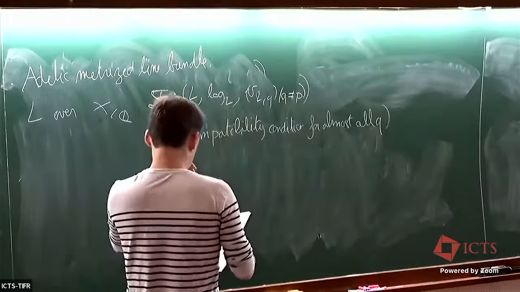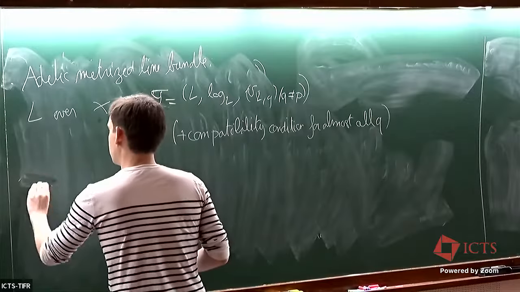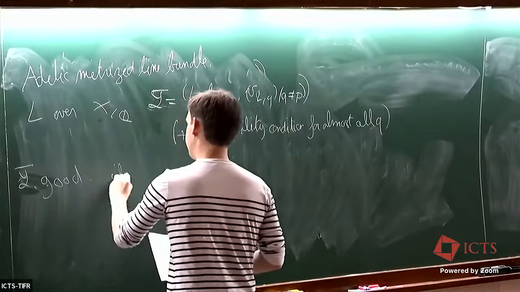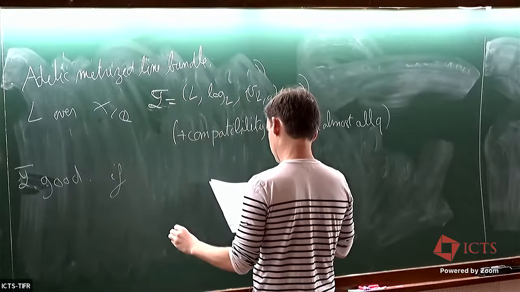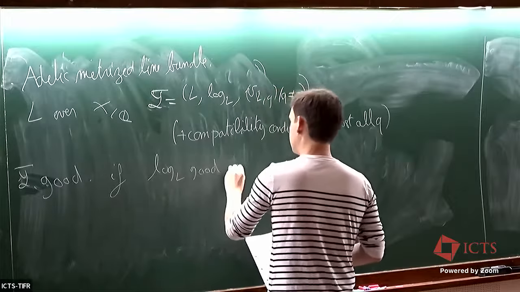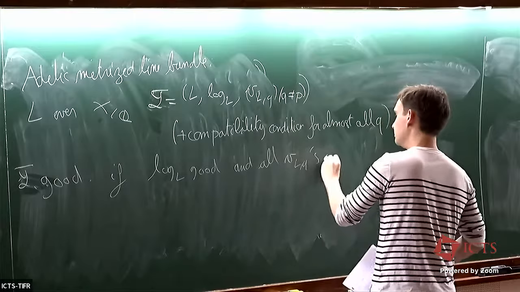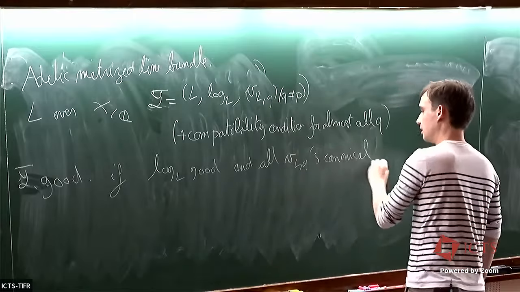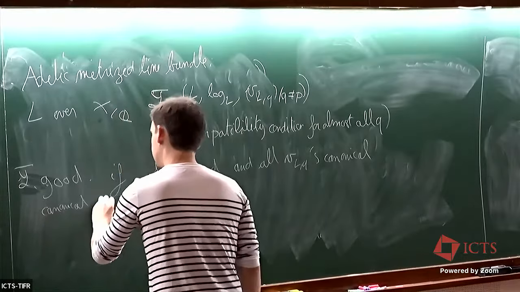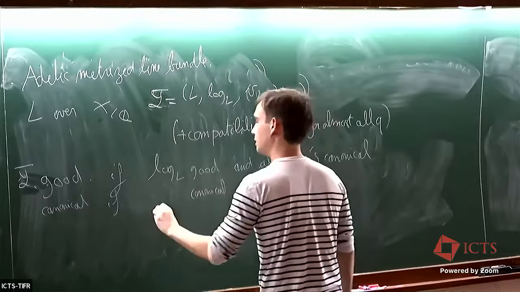Okay, and here it will be called good if log L is good and all v_q are canonical, and canonical if this is canonical and the others are canonical here.